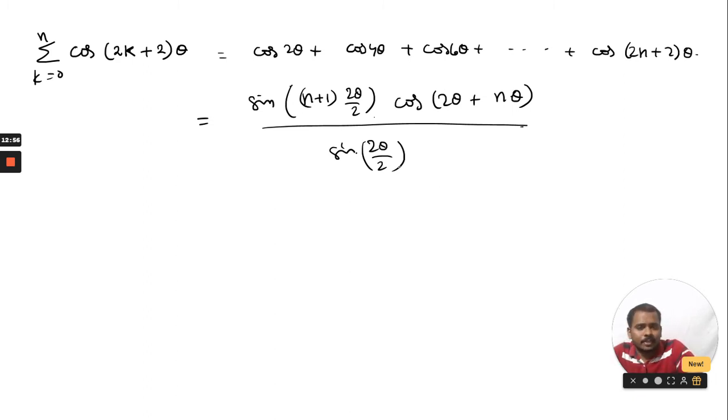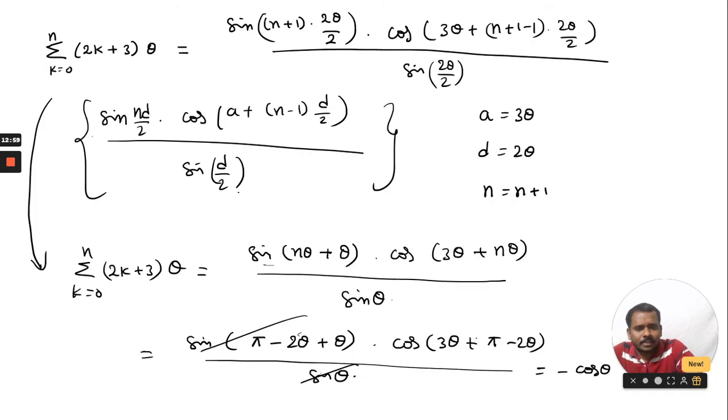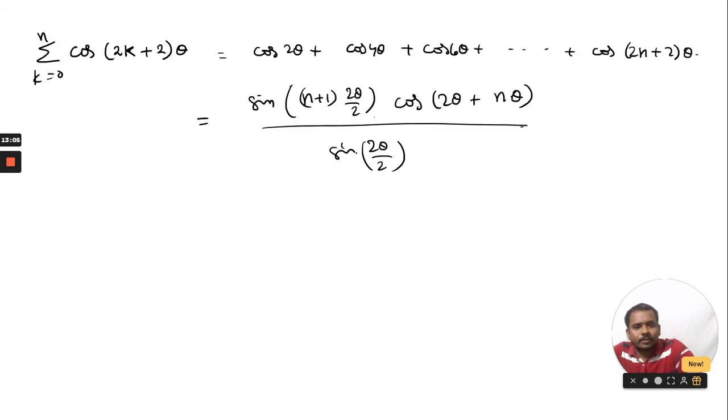So we have seen just now, it is similar to this, right? Sin of (n plus 1) into 2 theta by 2. So this gets cancelled, and 2 theta plus n theta.